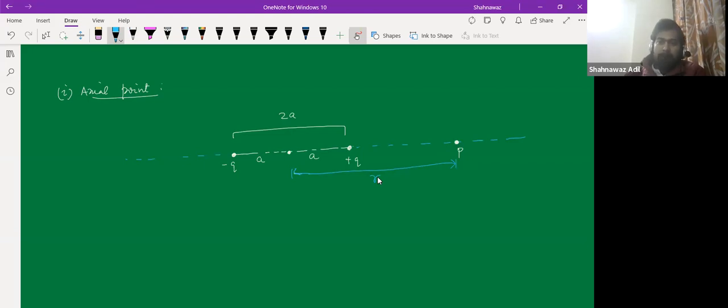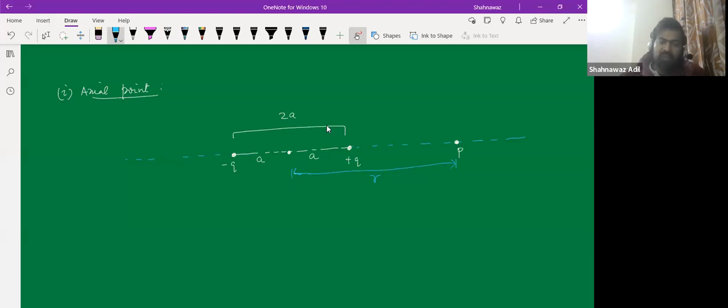So at this point, we want to calculate the electric field, and we have how many charges? Can you guys tell me how many charges do we have? Two charges, right? So there would be two contributions, and we have to remember that the electric field we always write using the superposition principle.